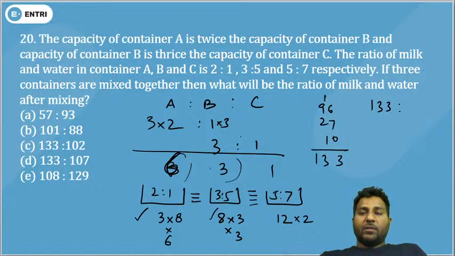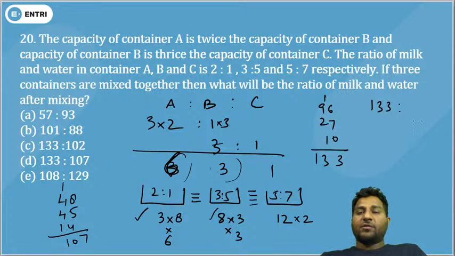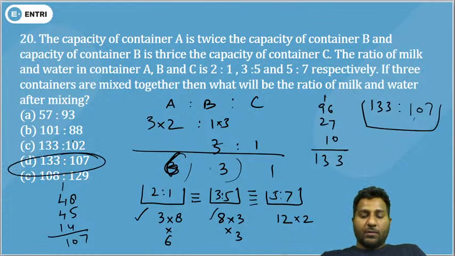It will be 48. The next one will be 48 into what? Into 45 into what? 14. Okay, so add 9, 8, 17 and 107. So clearly option first we have equated and then we have solved it. So option D will be the correct one.